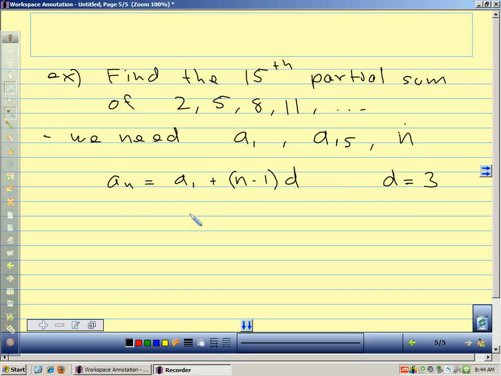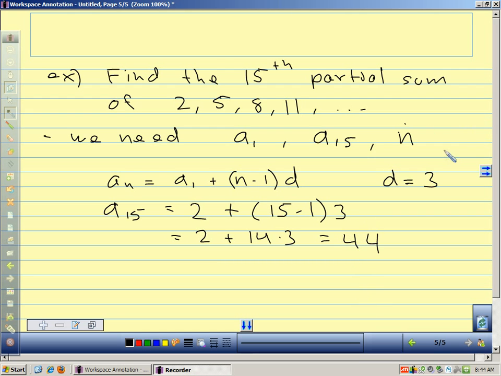So we can find our 15th term, a sub 15, equals a sub 1, which is 2, plus 15 minus 1 times d, which is 3. So a sub 15 is 2 plus 14 times 3. And when I calculate that out, I get 44.